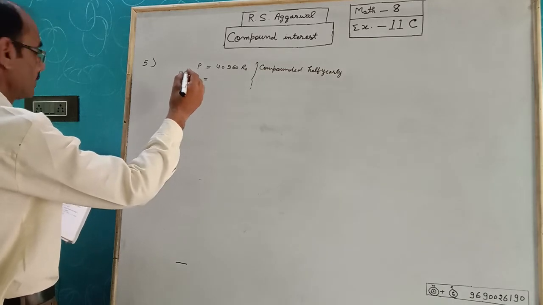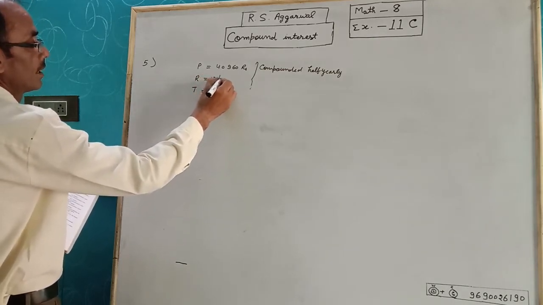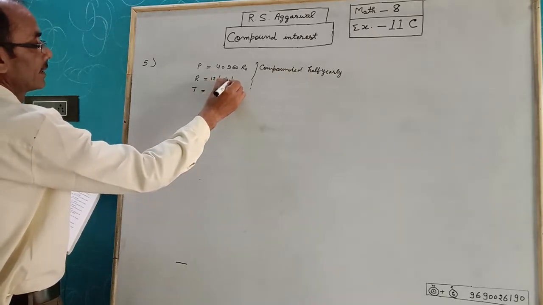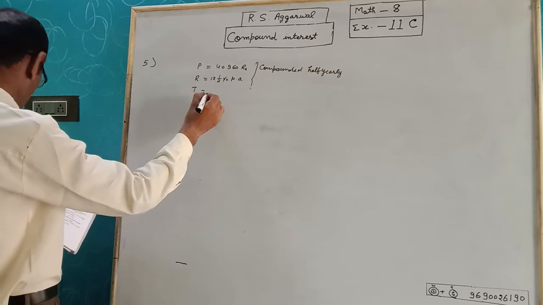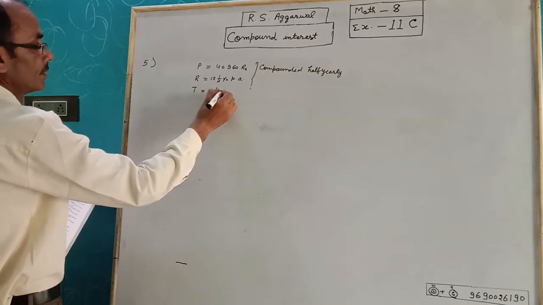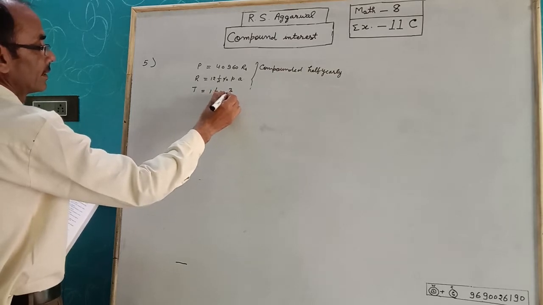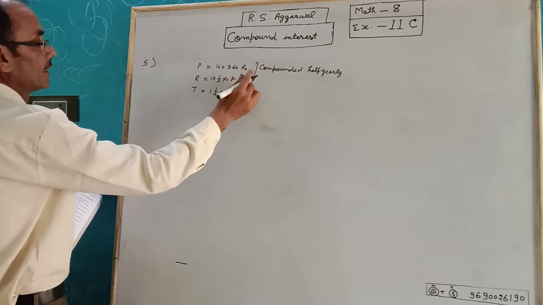R will be 12 whole 1/2% per annum. Time is equal to 1 whole 1/2, you write the 3/2 years.